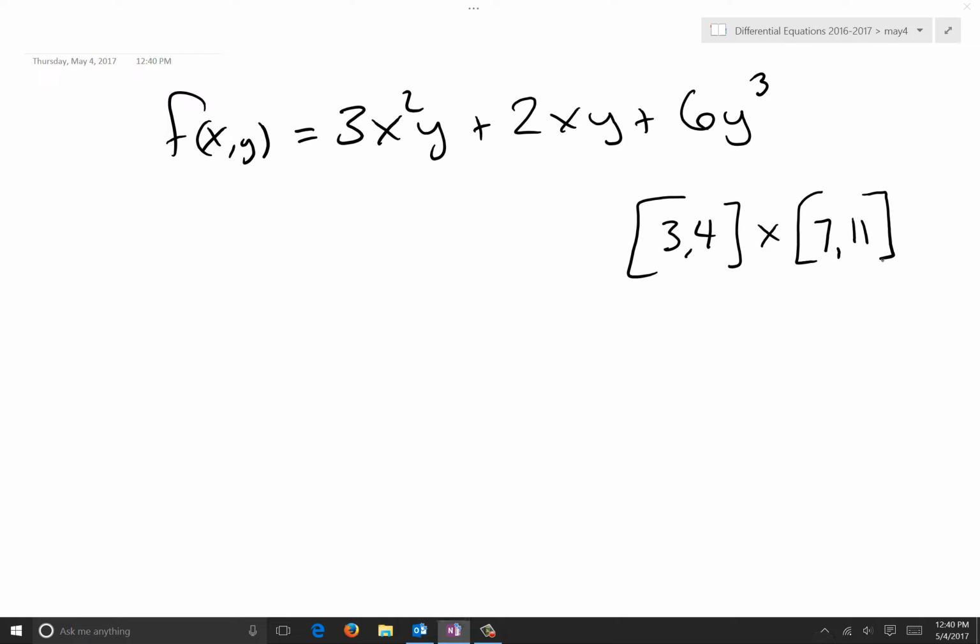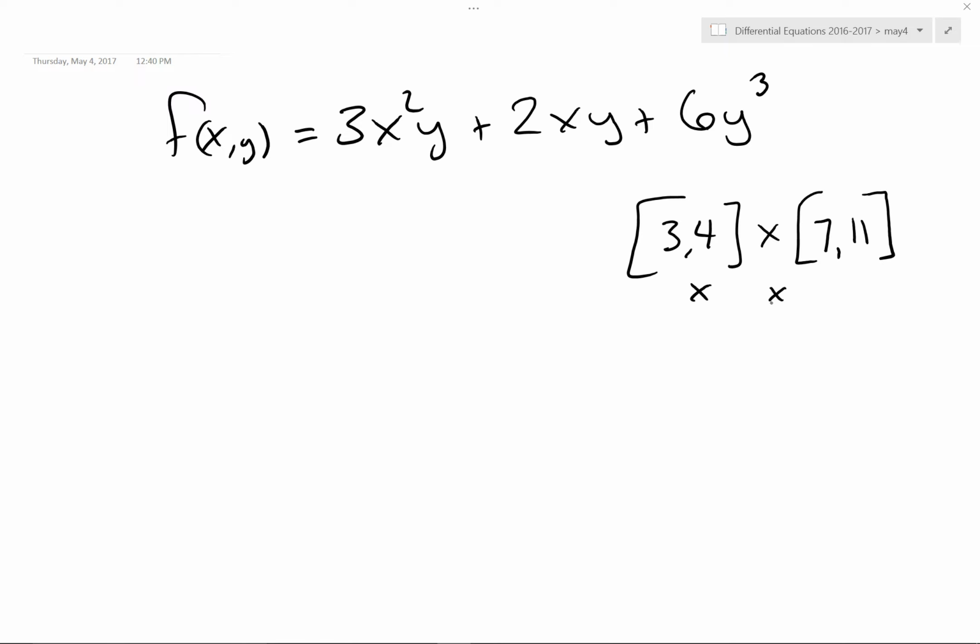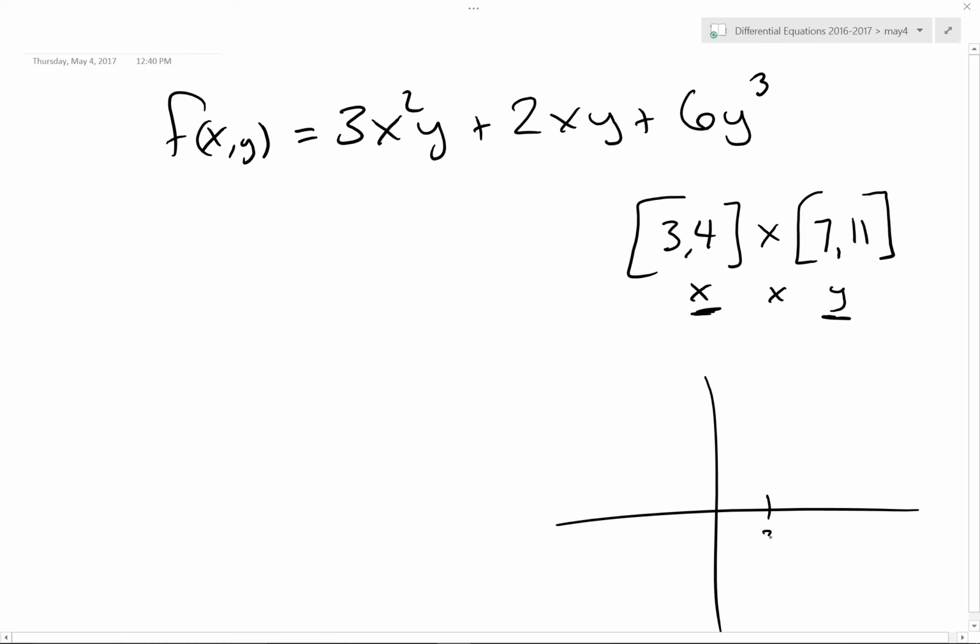When it's written in this format, it's x's by y's. That is the x region, that's the y region. If you're looking down the xy plane, here's 3, here's 4, here's 7, here's 11. That region in there is what we're interested in.